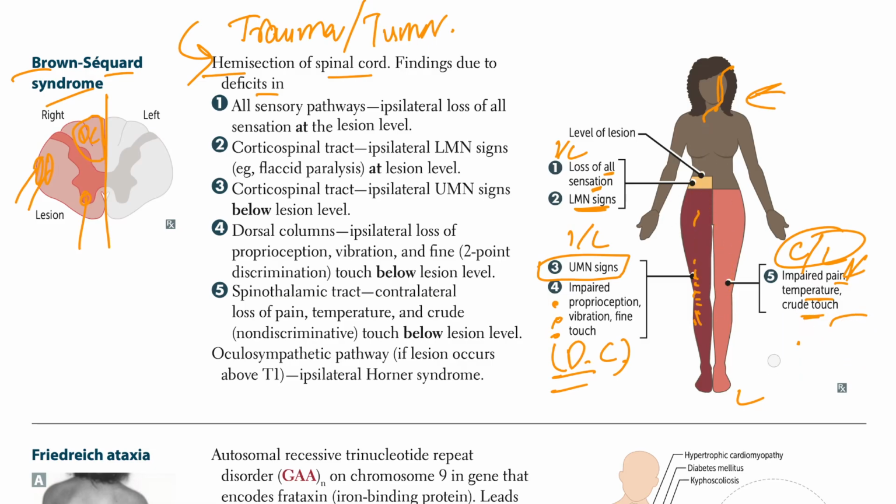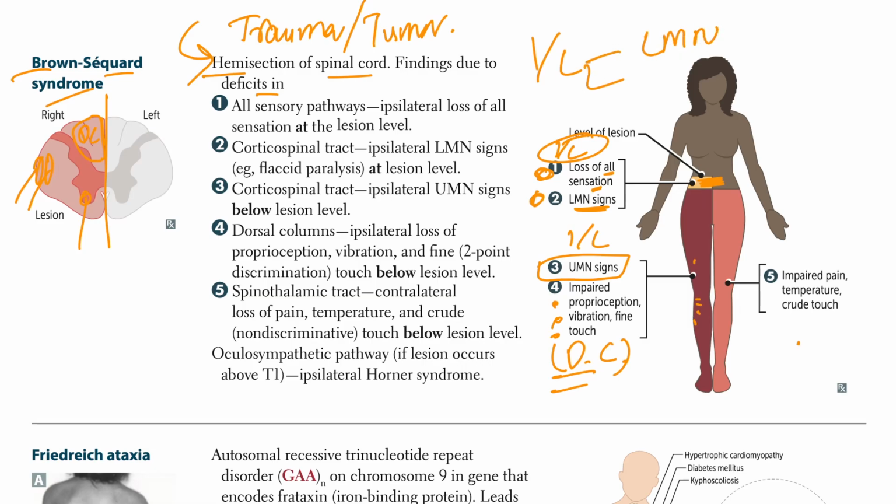And that simple thing is that at the level of lesion, you would have ipsilateral loss of all sensations and a lower motor neuron sign. So ipsilateral lower motor neuron lesion, and loss of all sensations at the level of injury.